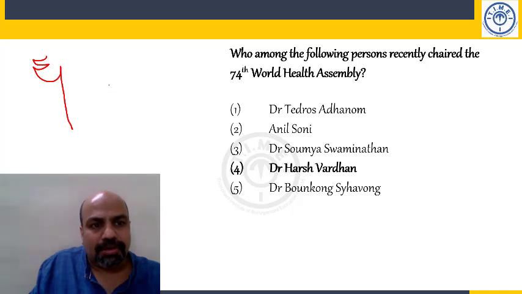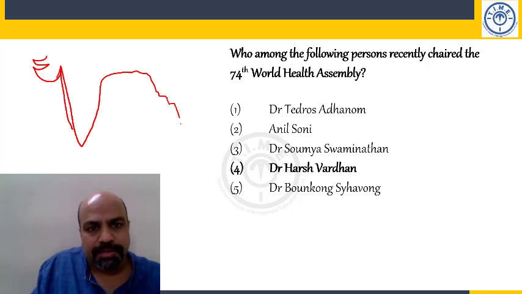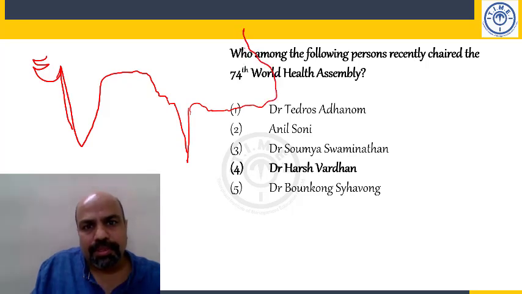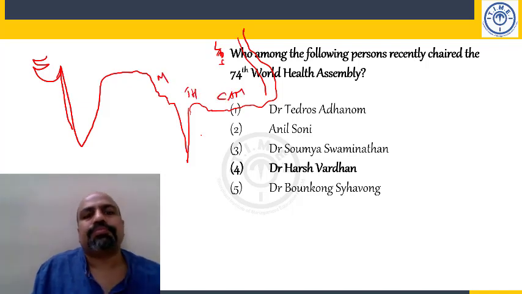Okay. This is not even important. I'm just drawing a rough idea. This is Vietnam. This is Laos. It's a landlocked country. This is Cambodia, Thailand, Myanmar. Okay? Yeah, that's how it is.